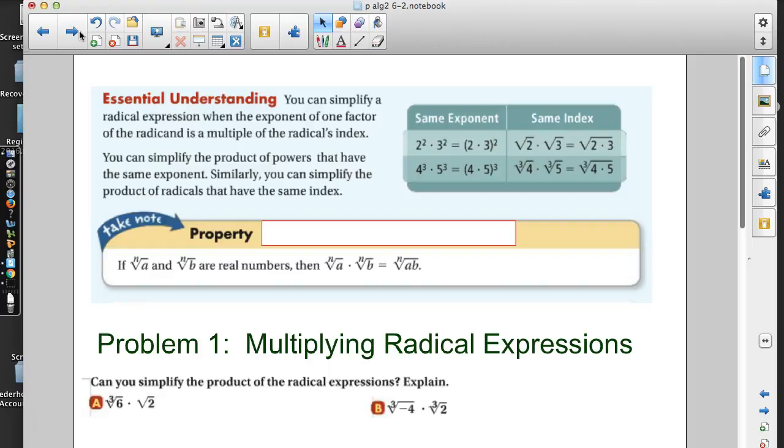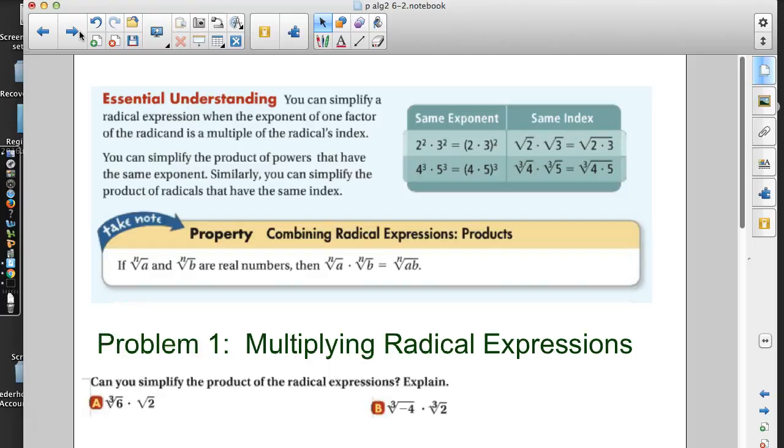So we have to think about that index as the power when we're working with these and make sure that that index is going to be the same. So you can simplify a radical expression when the exponent of one factor of the radicand is a multiple of the radical's index. And you can simplify the product of powers that have the same exponent. Similarly, you can simplify the product of radicals that have the same index. Index is important.